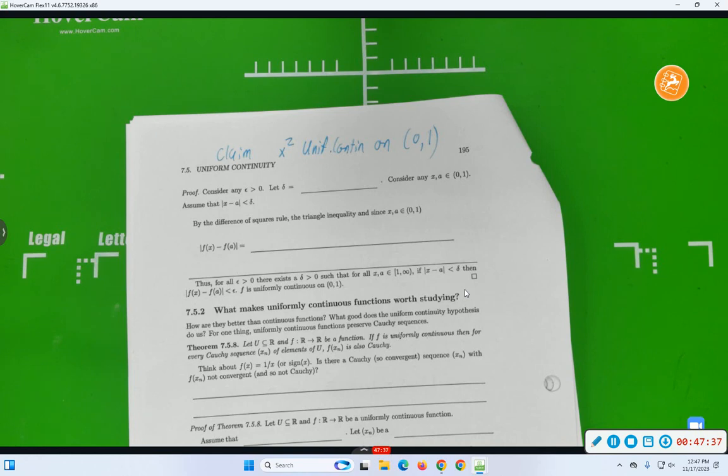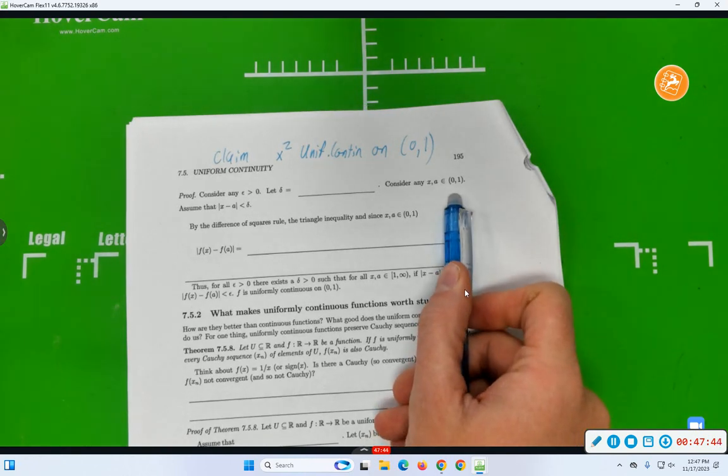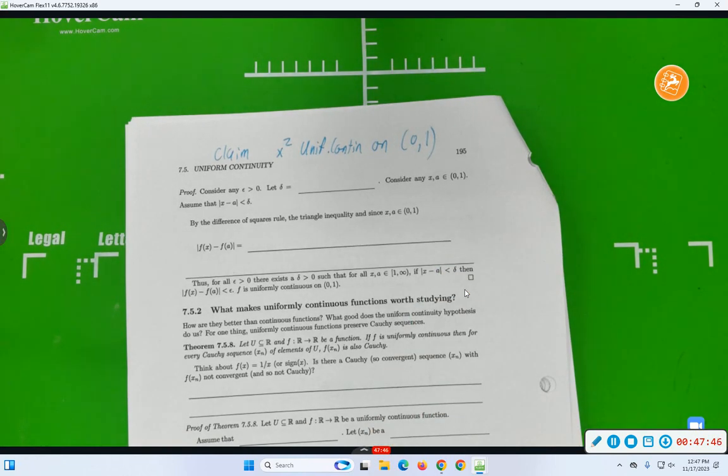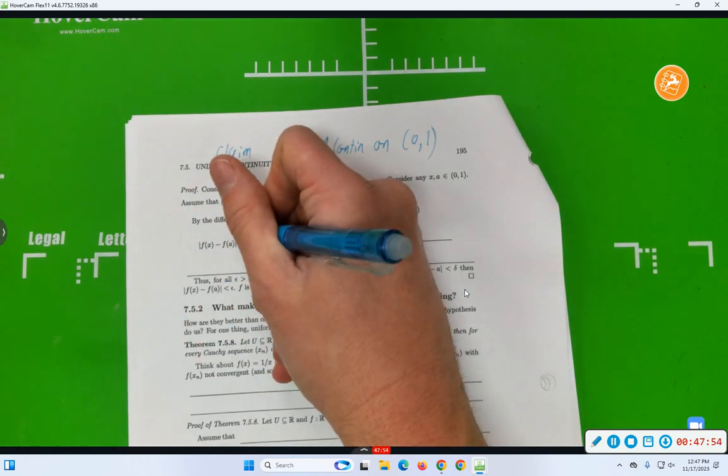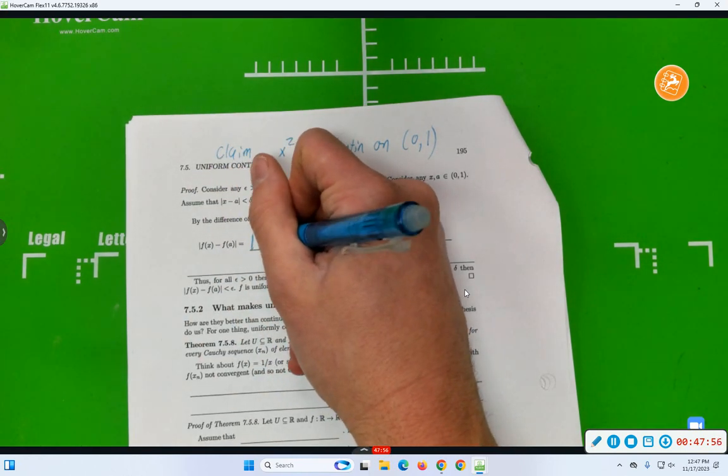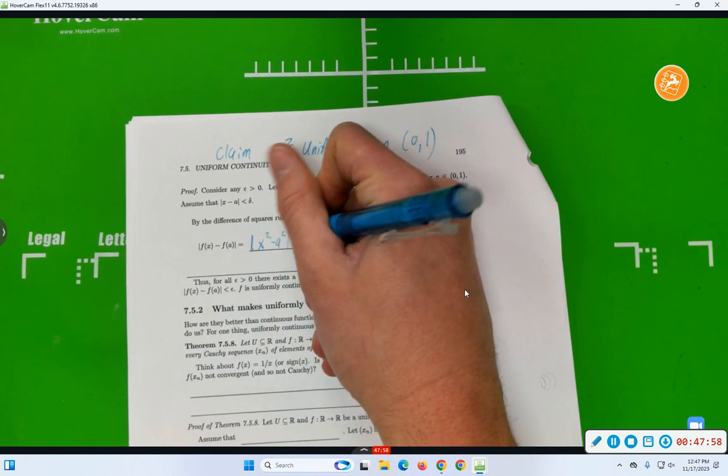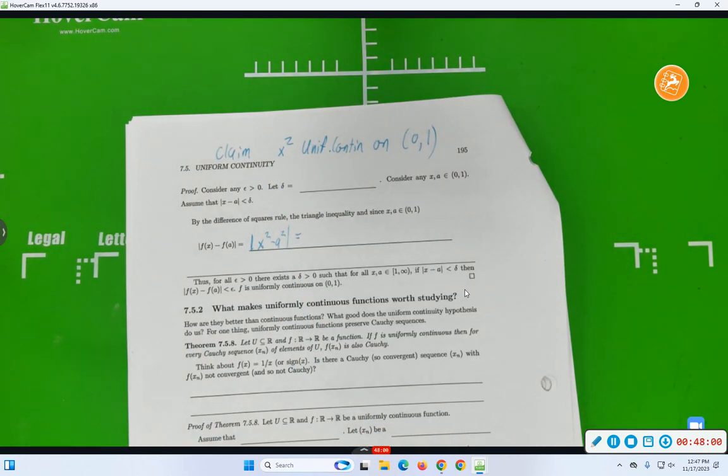Let's prove this. So let's consider any epsilon bigger than 0. We'll let delta be something that we get to pick. We'll consider any x and a in the open interval from 0 to 1, because that's what this problem says. We'll assume that the absolute value of x minus a is less than delta. Then the absolute value of f of x minus f of a is the absolute value of x squared minus a squared. And you all know a bunch of what to do already.